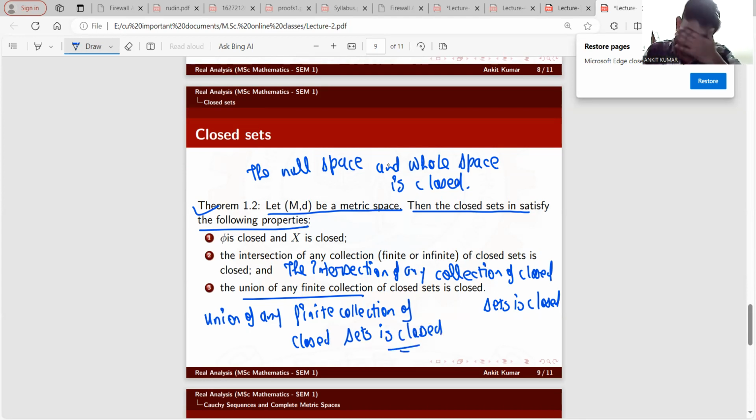Intersection of any collection of closed sets is closed. इंटरसेक्शन फाइनाइट या इनफाइनाइट हो, क्लोज होगा, लेकिन यूनियन फाइनाइट ही होना चाहिए. ठीक है. नल स्पेस और होल स्पेस क्लोज होते हैं.